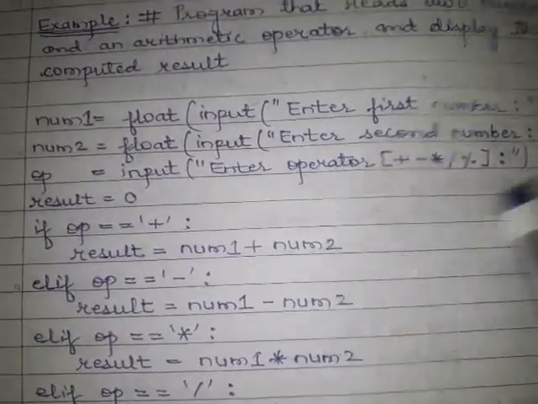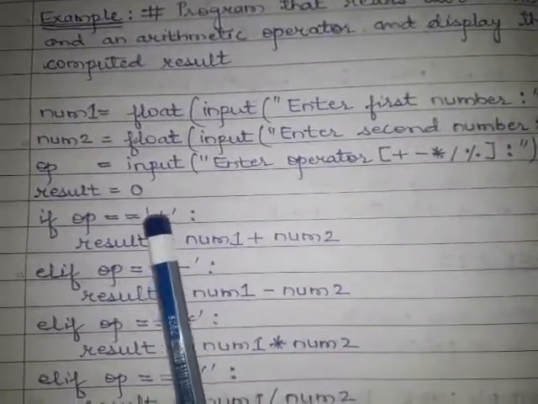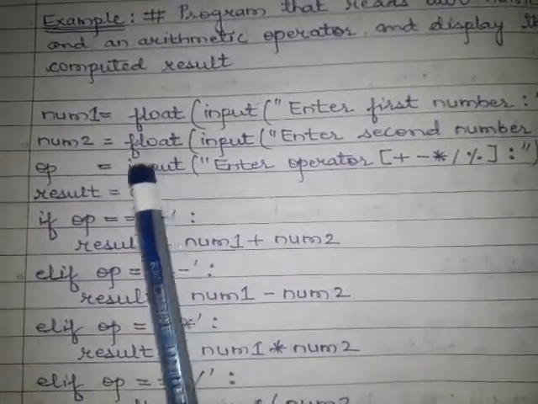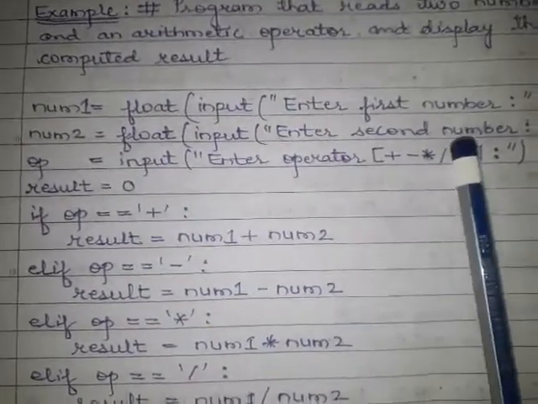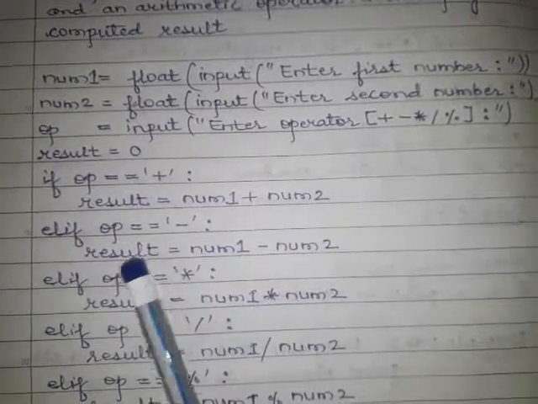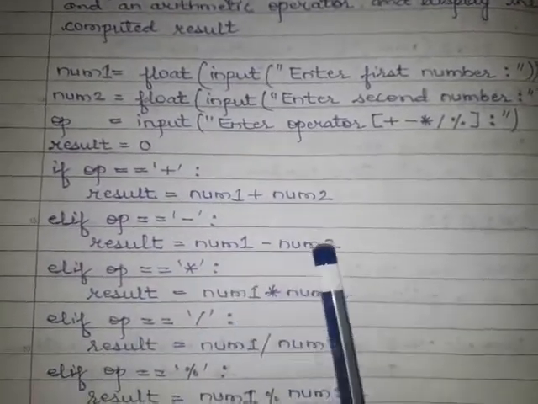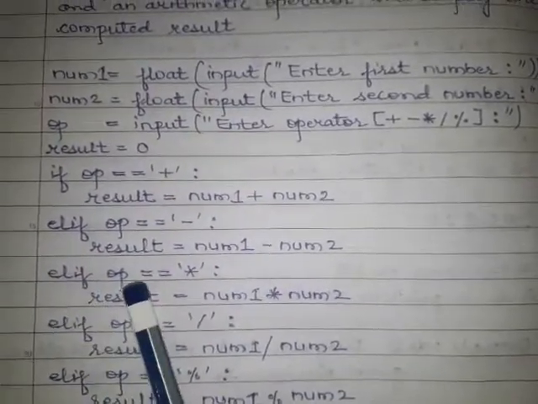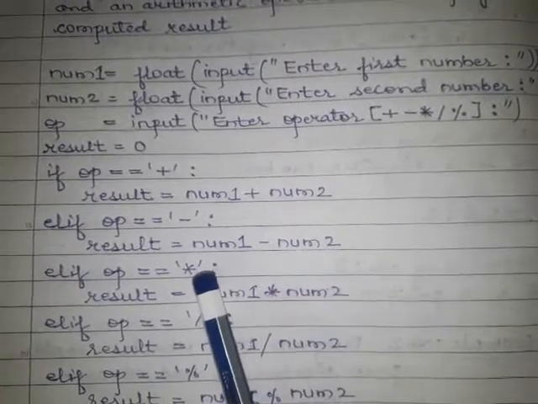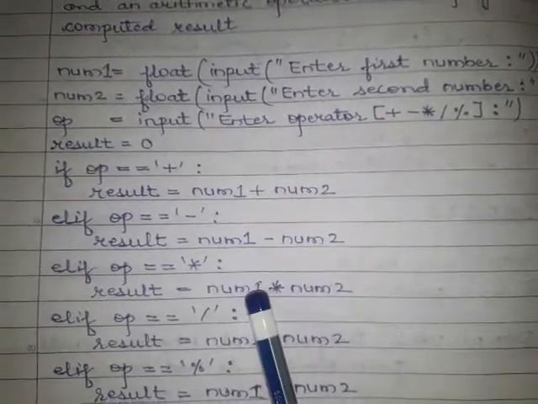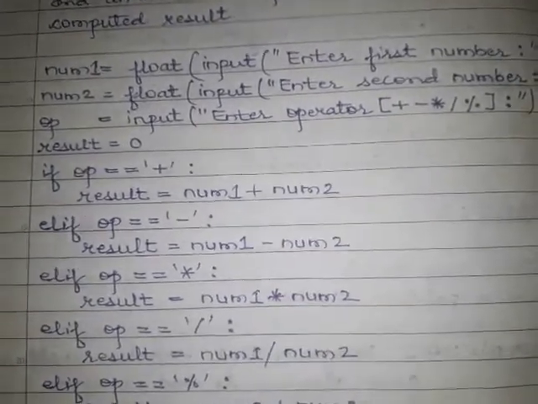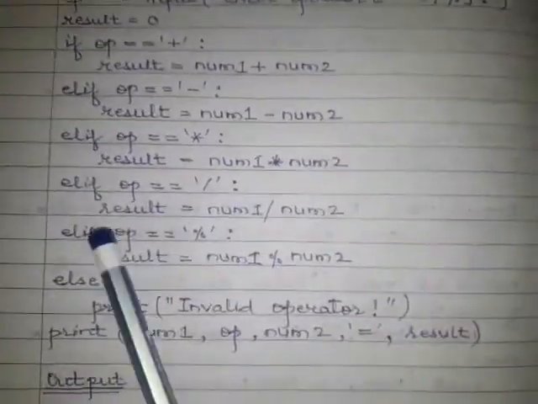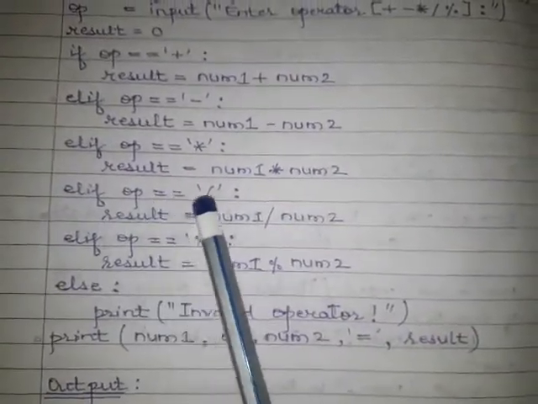That's why I have written single quotes here, because this will return string type output. Result equals number 1 minus number 2. Elif operator equals multiply. Result equals number 1 multiply number 2. Elif operator equals divide.